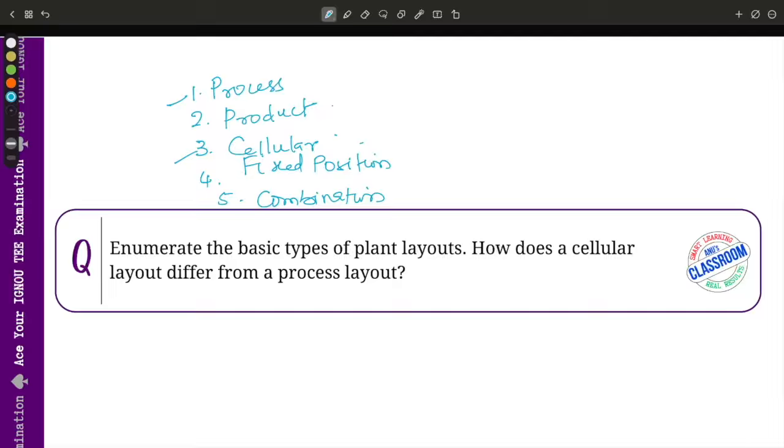Now, workers in a process layout may perform multiple tasks across departments, whereas in cellular layout, they are specialized within that particular cell in which they are working. They handle similar processes or machines. So, the shorter material flow path in cellular layout often results in a faster cycle time and smoother production. In short, we can say the process layout is best for variety, whereas cellular layout is designed for efficient, streamlined production of similar products.